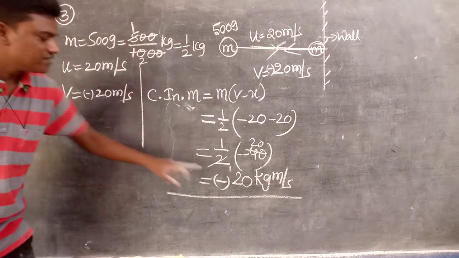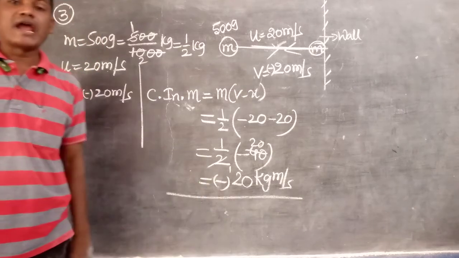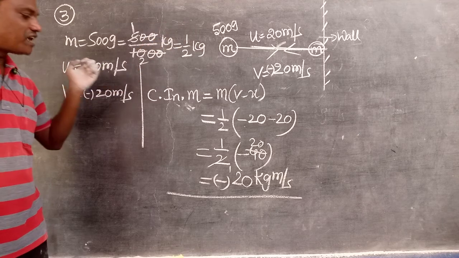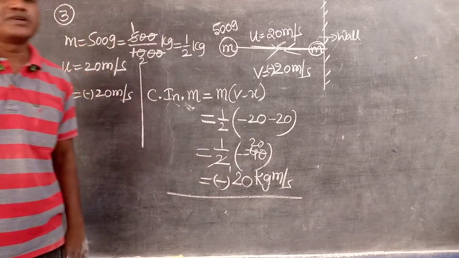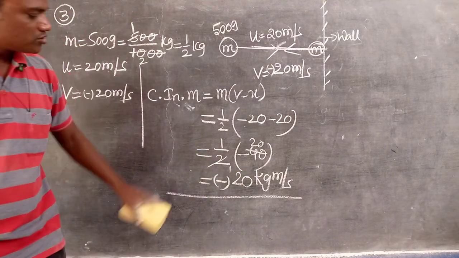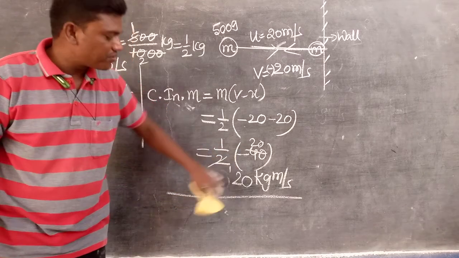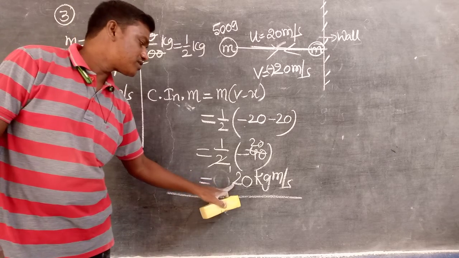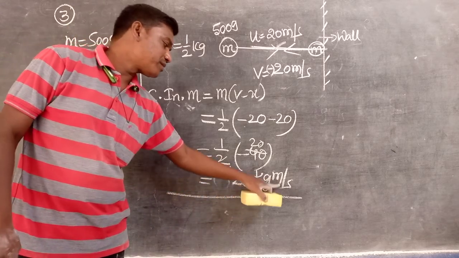Here this minus represents the direction, that is, the momentum changes in the opposite direction. But they are asking only the magnitude, so you do not consider the direction. Then what is the answer? 20 kilogram meter per second.